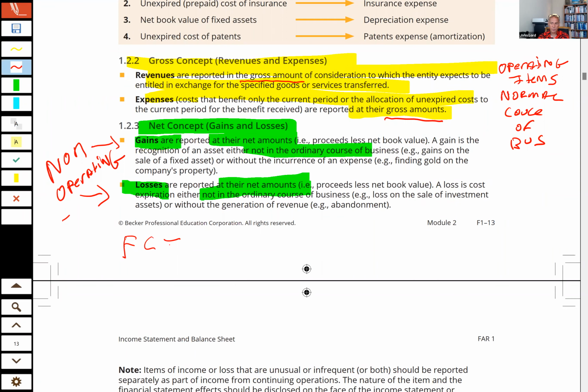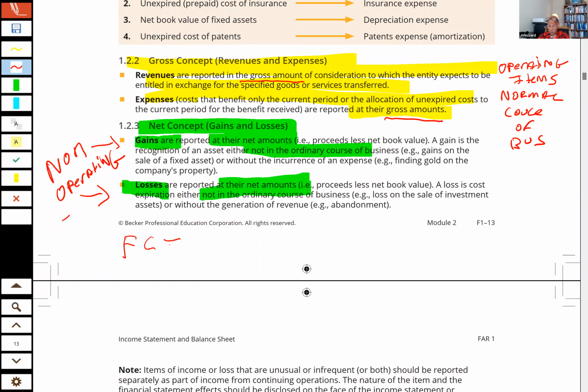Everybody got that? Revenue and expenses are operating items, normal course of business, and reported gross. You could say on the income statement if you need to, but I think we know revenue and expenses are on the income statement. But got that? Okay.